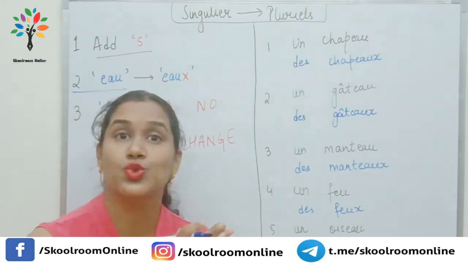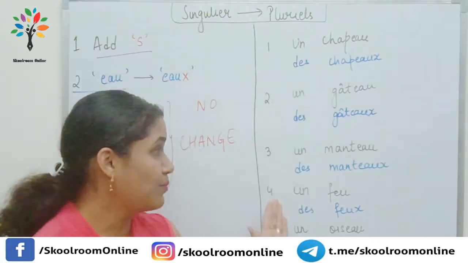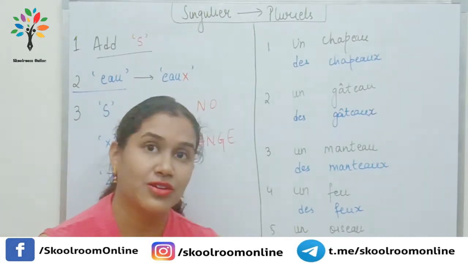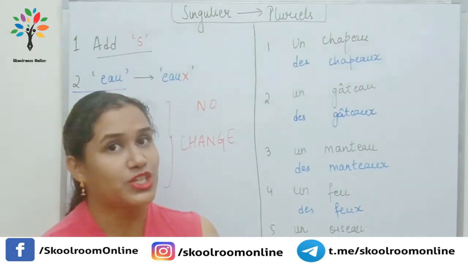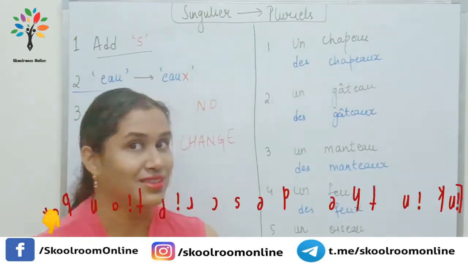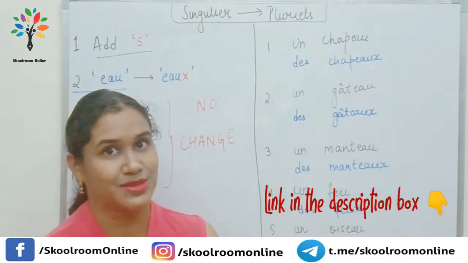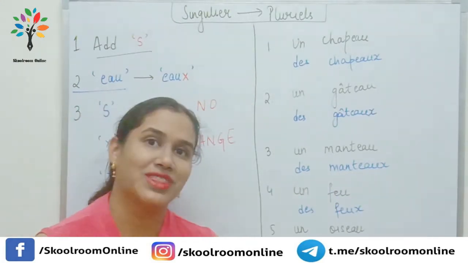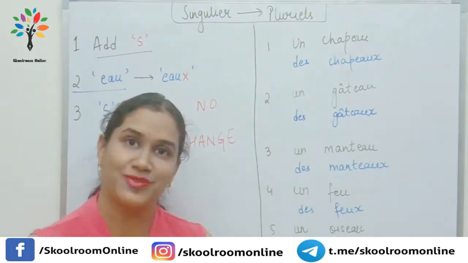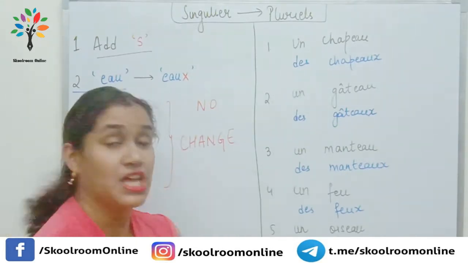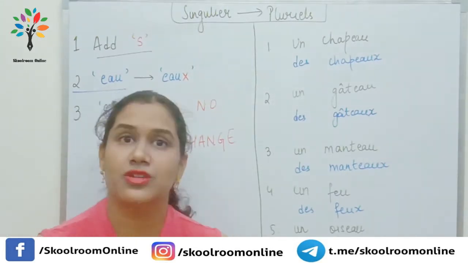If you wish to know the meanings of the examples which I gave you earlier, you can refer to the video where we have already done the meanings of these nouns, along with their pronunciations. Fine? Okay. So now moving on to the third rule.